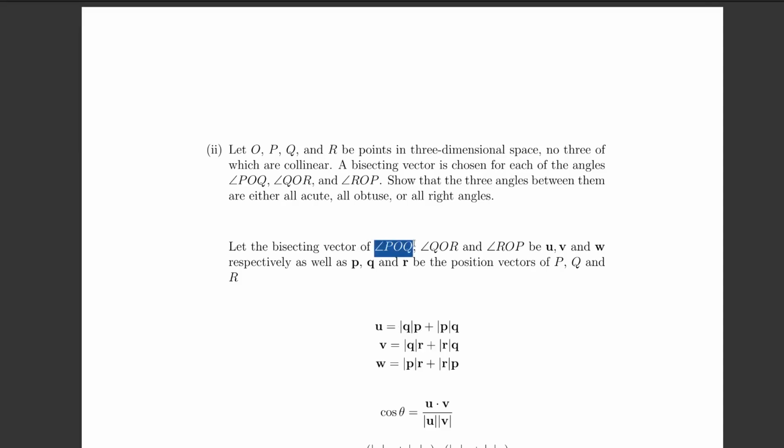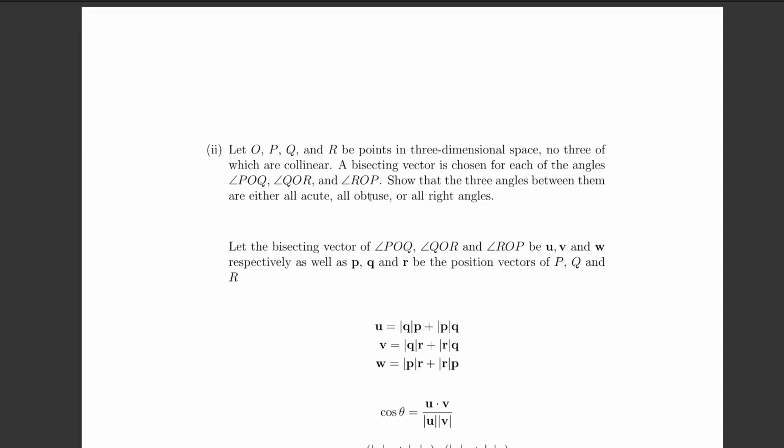Because you can just imagine these individual bisecting vectors to be a similar case to what we did in the first part. So if we remember, if an angle is acute, that means that the cosine has to be greater than 0, right?